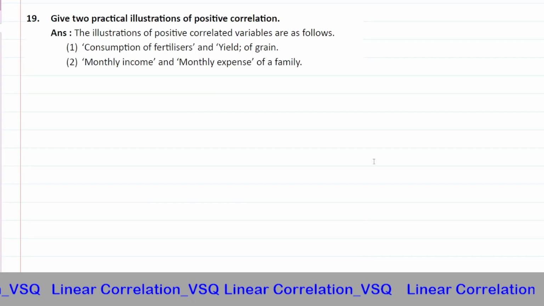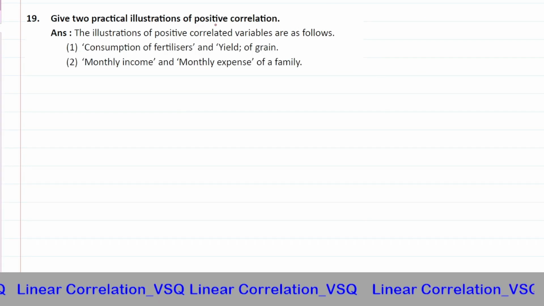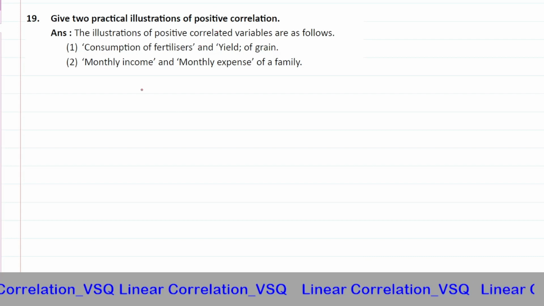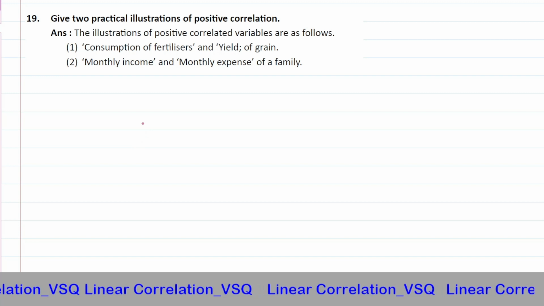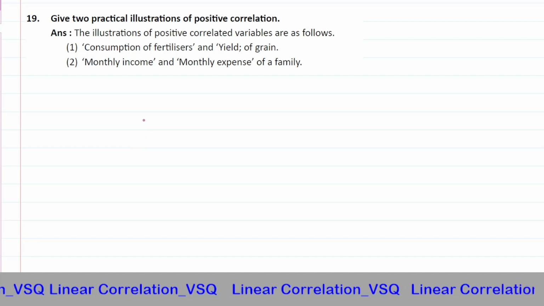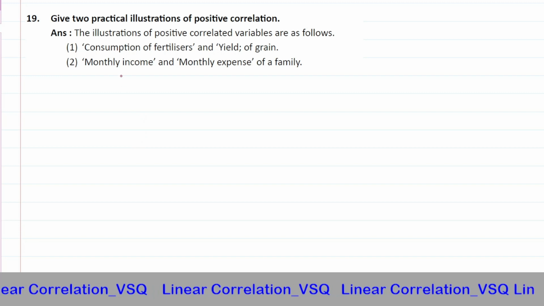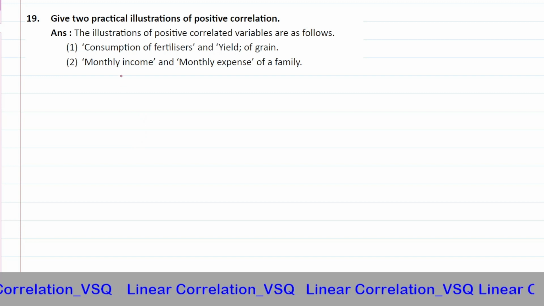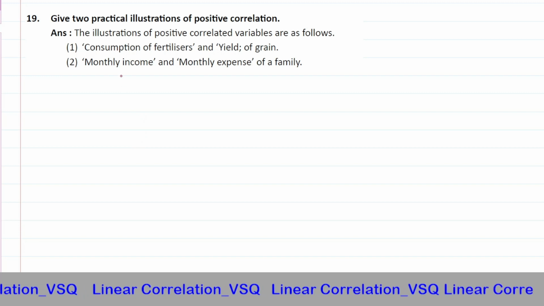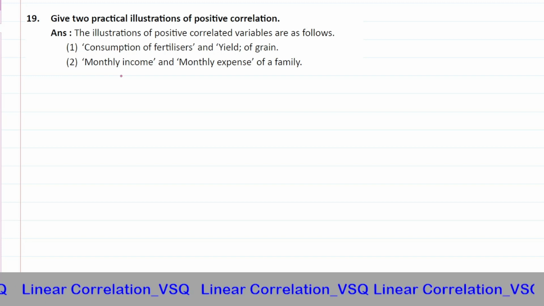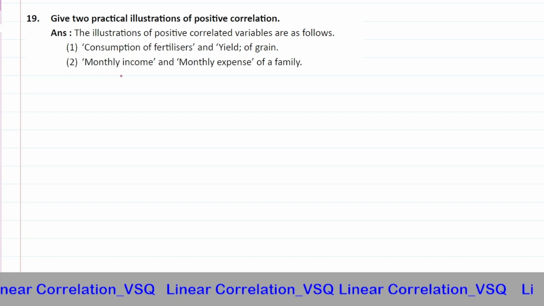Question number 19. Give a practical illustration of positive correlation. There are lots of illustrations of positive correlation. When the changes in two variables are in the same direction, there is positive correlation between the two variables. Illustration 1 is consumption of fertilizer and yield of grain, and illustration 2 is monthly income and monthly expense.